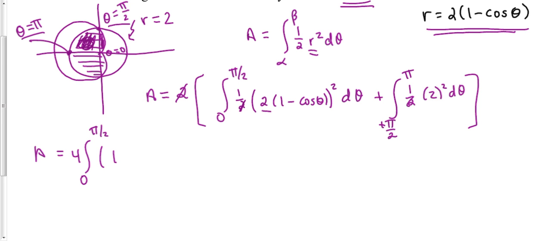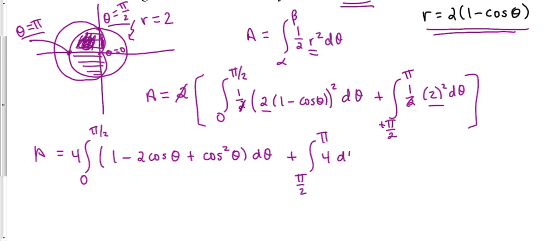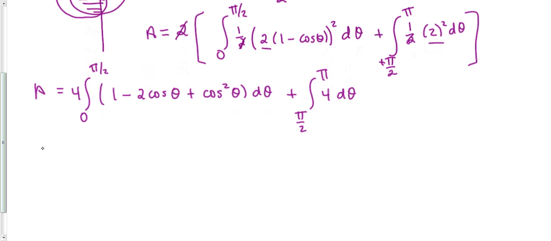And then I've got 1 minus 2 cosine theta plus cosine squared theta d theta, plus the integral from pi over 2 to pi, and I'm going to square this and get 4 d theta, and I will be able to integrate this term by term.